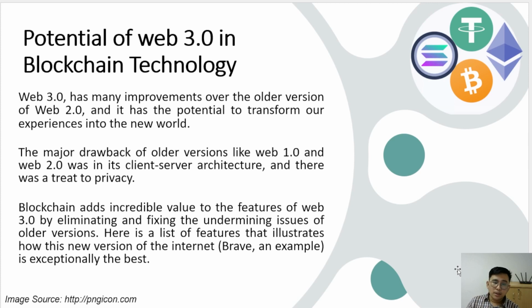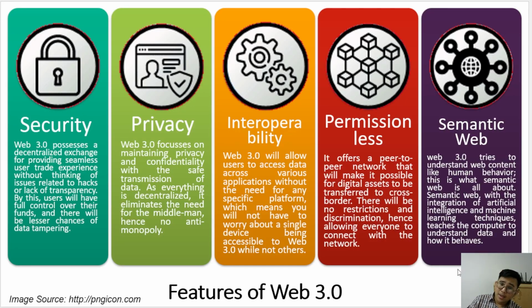So let's take a look at a list of features that blockchain and Web 3.0 have to offer. It has increased security, and increased privacy, where we can focus on maintaining our privacy online anonymously. We can also have increased interoperability.